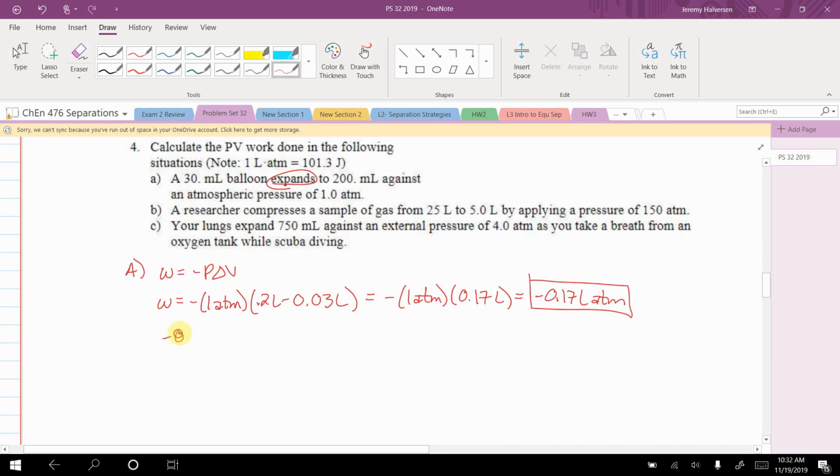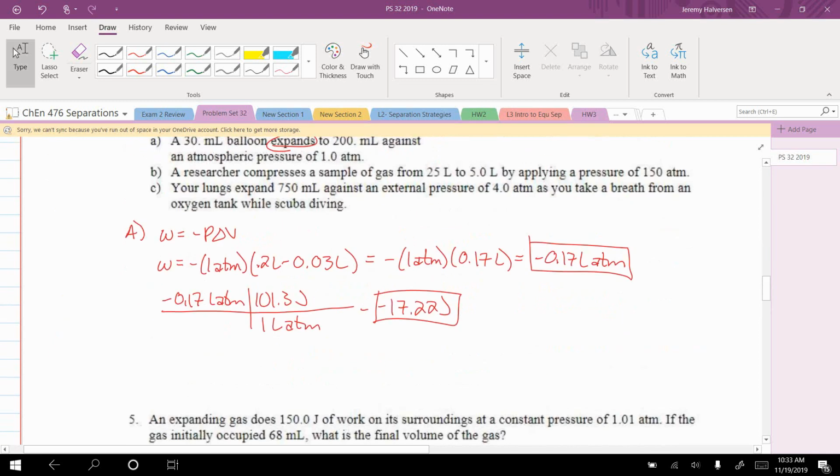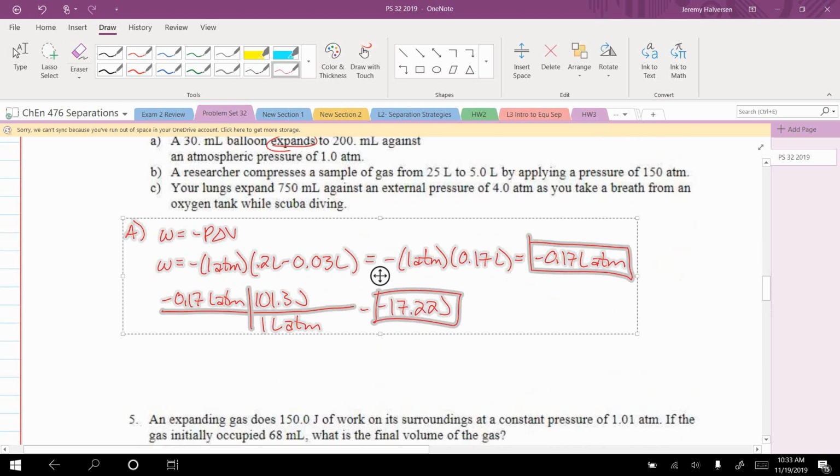So negative 0.17 liter atmospheres, and 1 liter atmosphere is 101.3 joules, which gives me negative 17.22 joules. Didn't specify what it wants, so I'm just doing it in both. Let me shrink this.